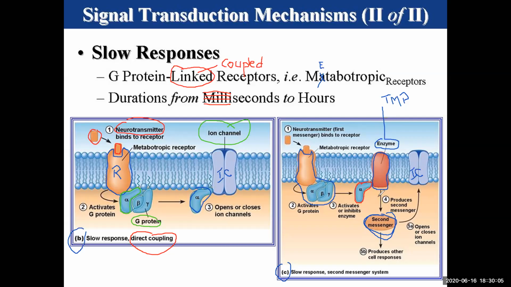The enzyme produces a second messenger, and the second messenger activates an ion channel, right? So you can say this is indirect coupling, and this is direct coupling.